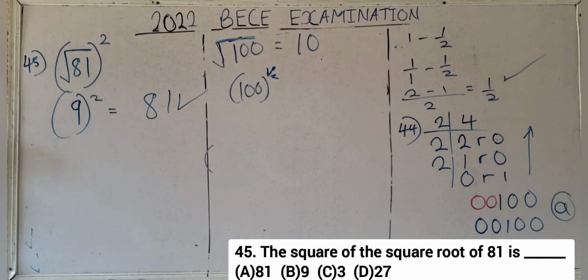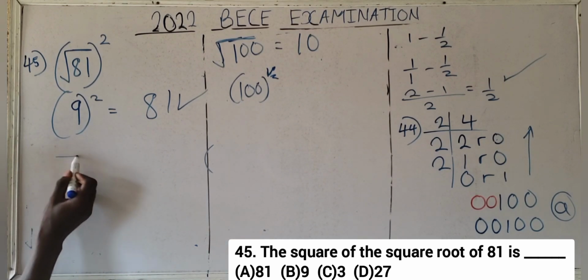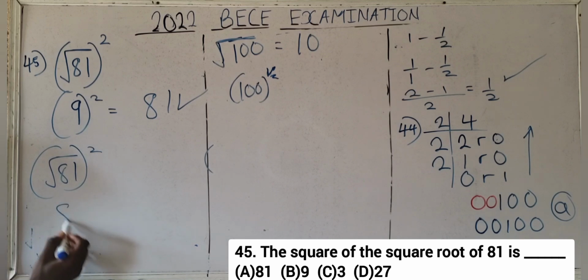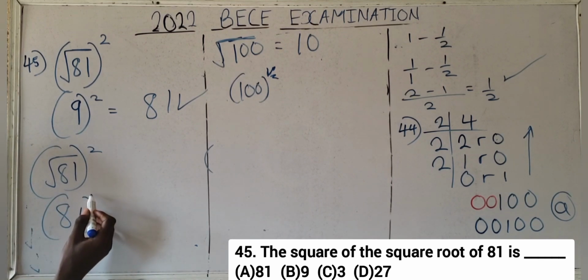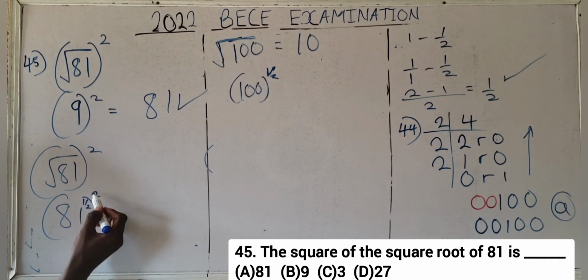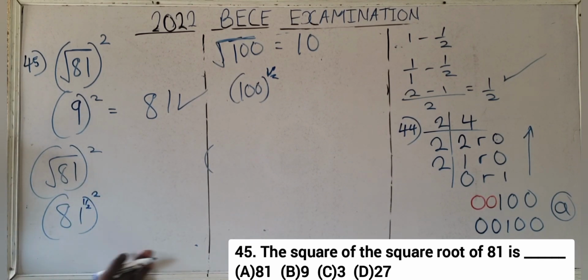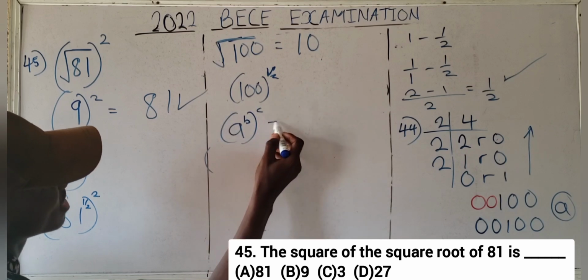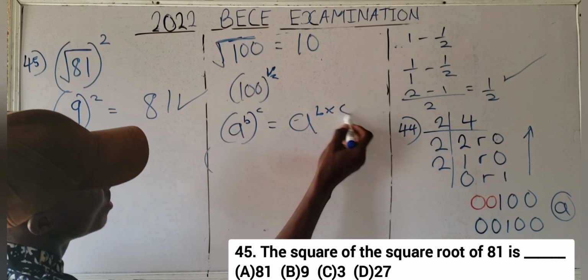And if you don't want to do it like that, you can do it like this. Since you know that square root of 81, this is what we want to solve, right? Square root of 81 is also the same thing as 81 raised to the power of 1 over 2, and you put this square, okay? Now, according to the law of indices, if you have a raised to the power of b raised to the power of c, it can be written as a raised to the power of b times c, you understand?